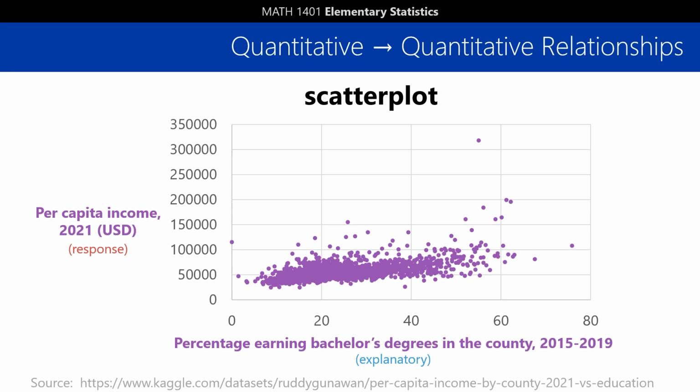By the way, see the outlier at the very top with over $300,000 for its per capita income? That's Teton County in Wyoming, which I hope I'm pronouncing right. It has the highest concentration of wealth per household, more than any other county in the United States. We'll have more to say about this data set in the next video, when we dive a little further into scatterplots and see how we can describe these relationships quantitatively.